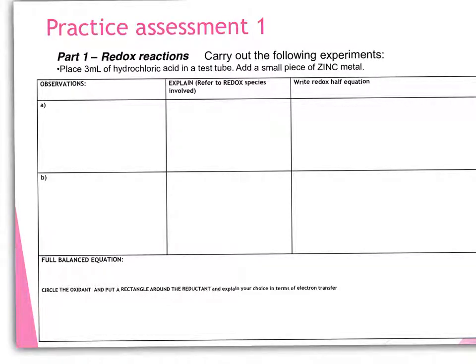Okay, so this is what the assessment's going to look like. You'll be told if something's added to something. So we've got hydrochloric acid is added to zinc metal. So we've started with hydrochloric acid and zinc. Now, whenever we've got an acid, the thing that's doing the reacting is the hydrogen ion from that acid.